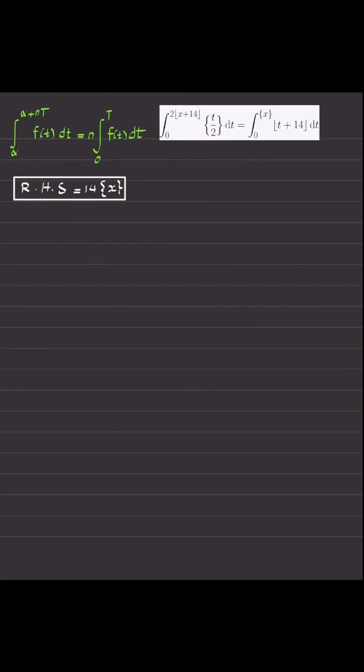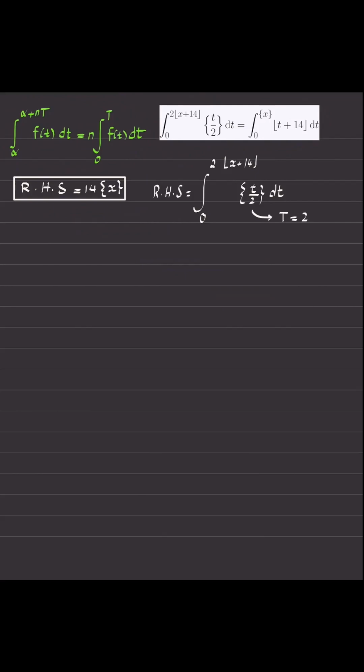Okay, the right hand side is equal to the integral from 0 to 2 times the floor of x plus 14, and then I have this function, which is a periodic function whose period is 2.